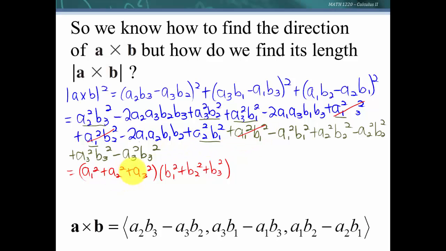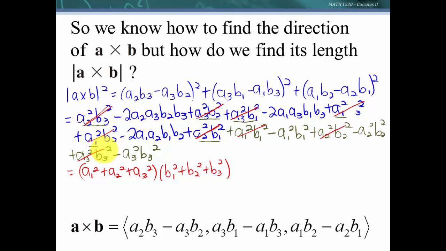And then if I did the A2 squared to each of the B's, there it is to the B3, and here it is for B1, and here it is for B2. And then if I did the A3 to each of the B's, there it is to the B2, there it is to the B1, and there it is to the B3.